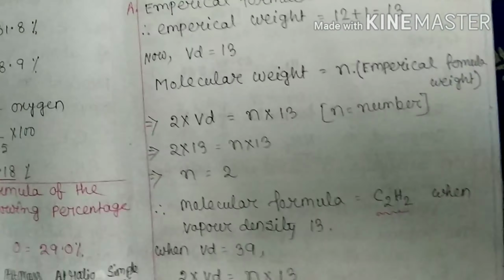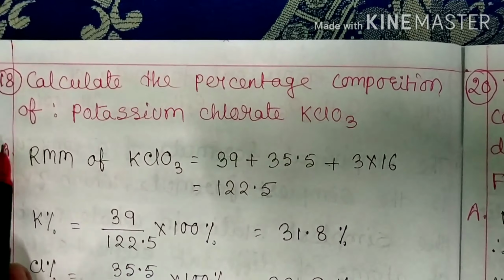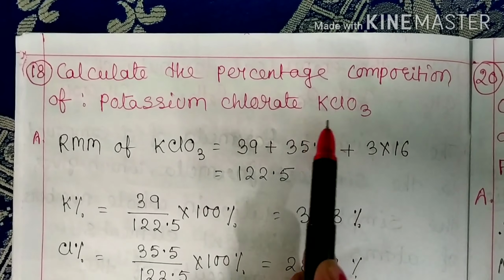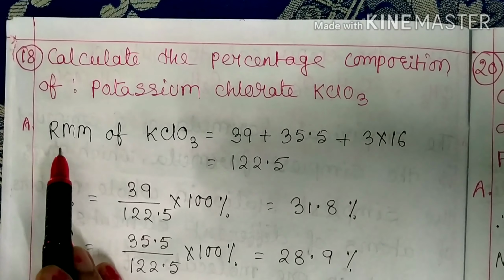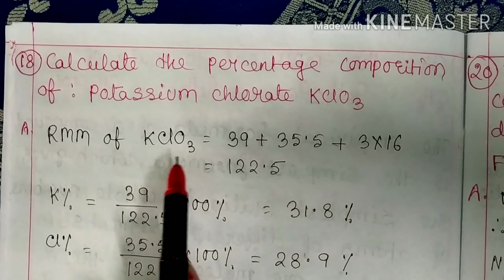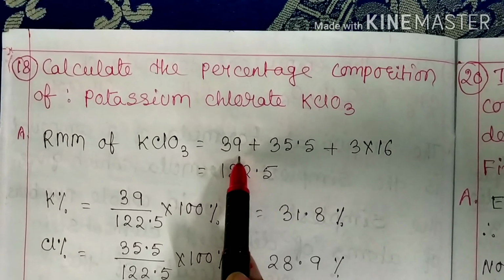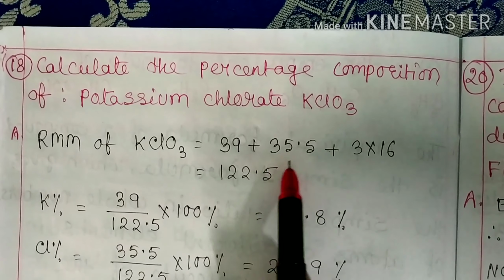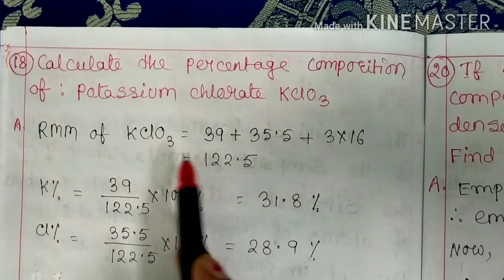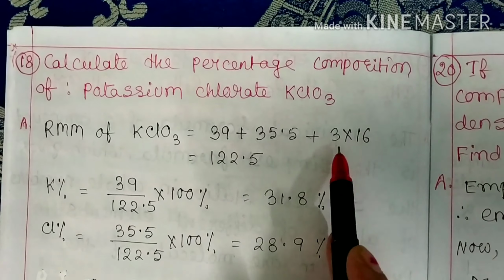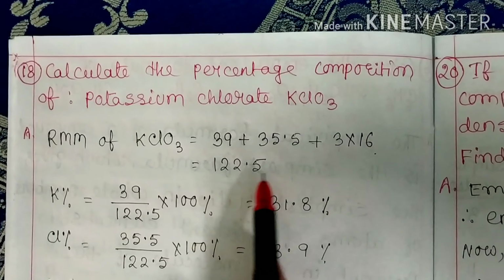Next, 18th number sum. Calculate the percentage composition of potassium chlorate in KClO3. First, RMM, relative molecular mass of KClO3. For potassium, mass number equals to 39. For chlorine, mass number 35.5, and here 3 oxygen atom present and the mass number of oxygen is 16. So 3 into 16 equals 122.5.